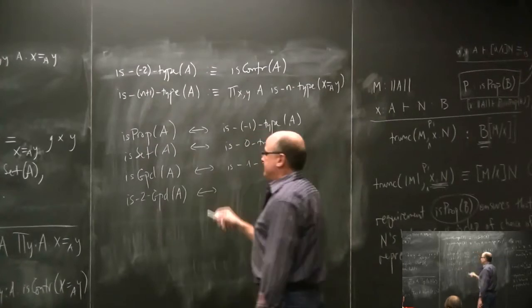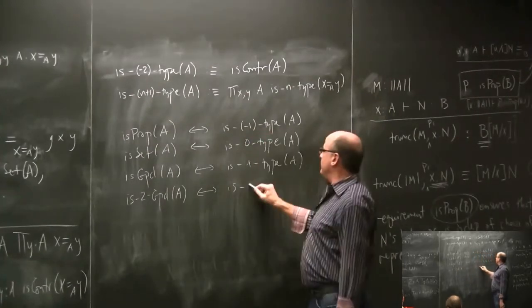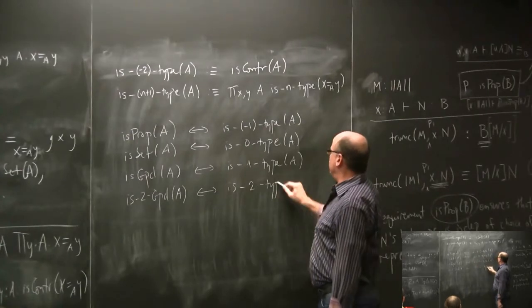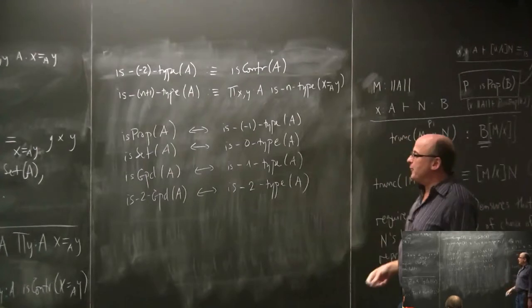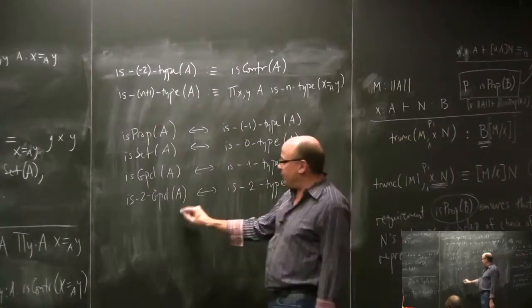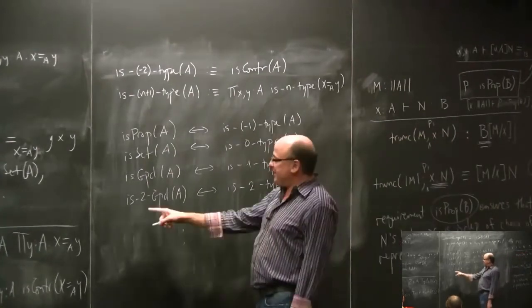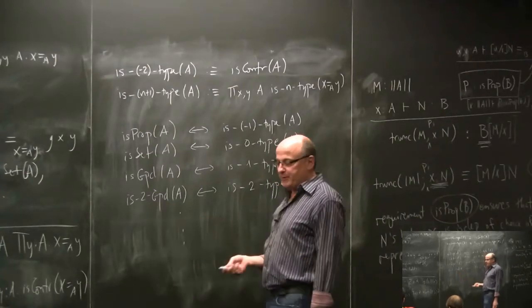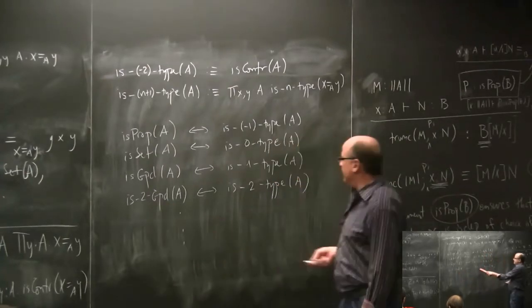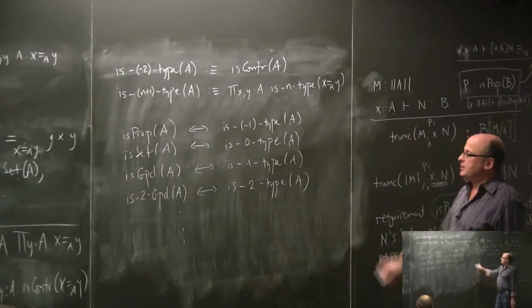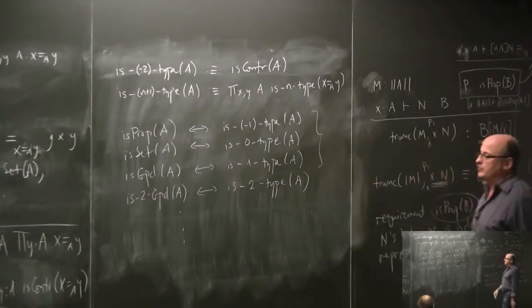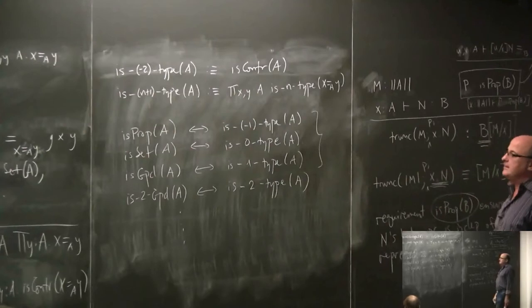And that's the reason why we chose that numbering, because then we can say a 2 groupoid is a 2 type. And that feels nice. And then from there, I don't know of any specialized words from there. At that point, it becomes 3 groupoid and 4 groupoid. And so these become 3 types and 4 types and so on. So there are special case terminologies for the first 3 things.